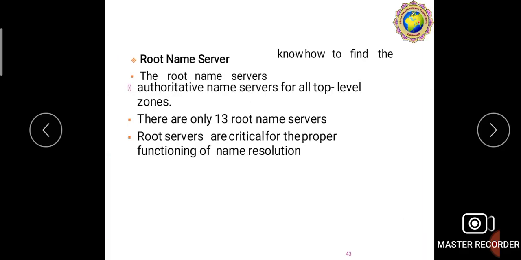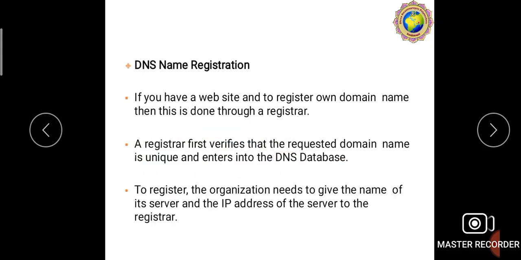Root name server means knowing how to find the root name server from the DNS. The root name servers are the authoritative name servers for all top level zones, and there are only 13 root name servers, and root servers are critical for the proper functioning of name resolution.